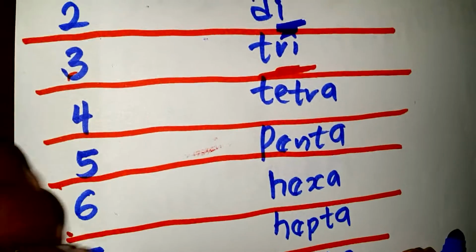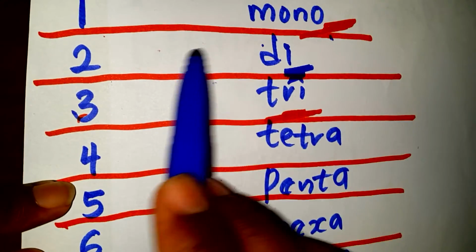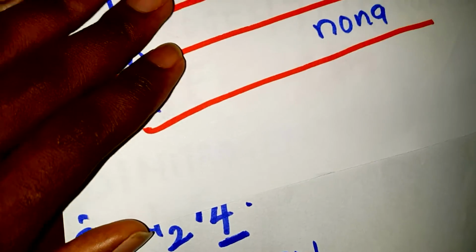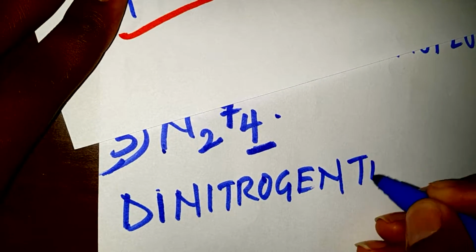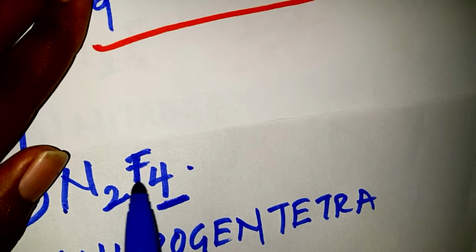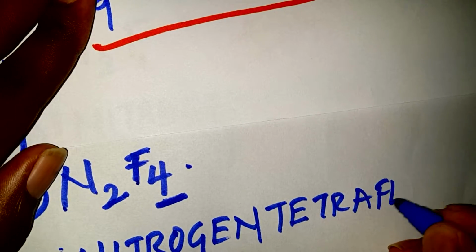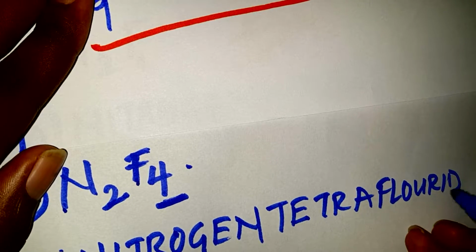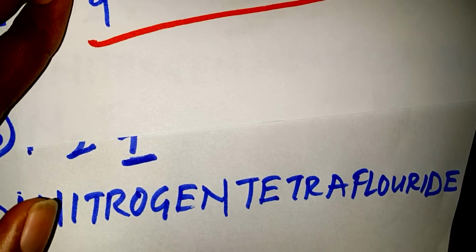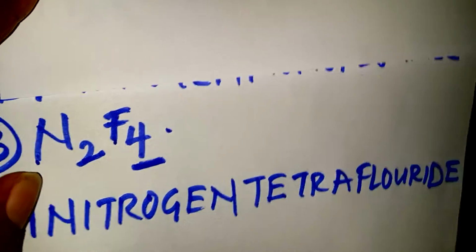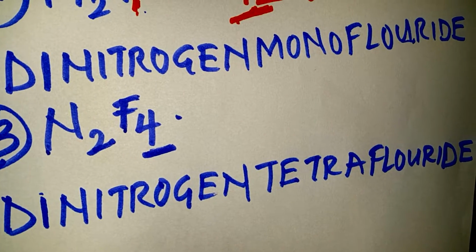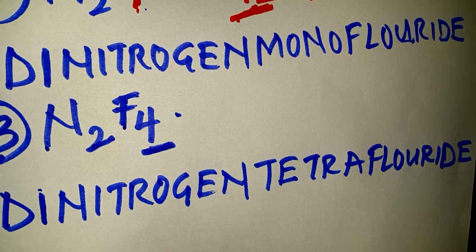What is our 4? Let's look at our table again. 4 is tetra. Then you write tetra fluoride. As you can see, it is very easy. Very easy. Your prefix will always come first. You first write your prefix before writing the name of the element.